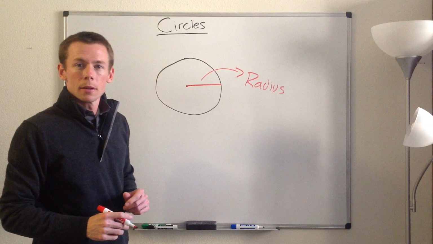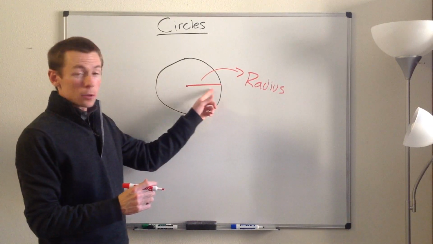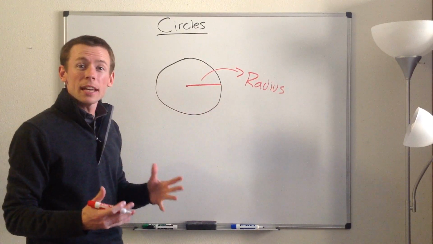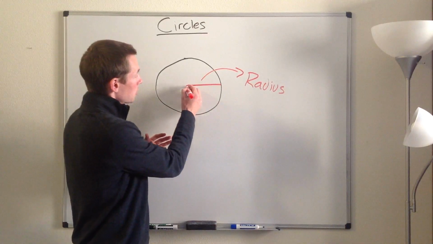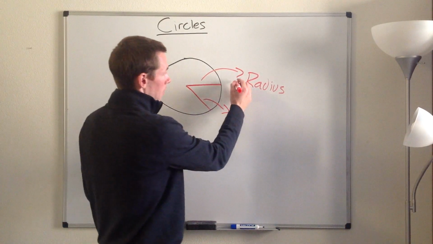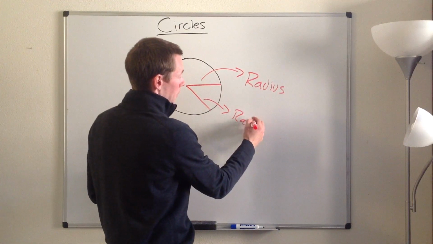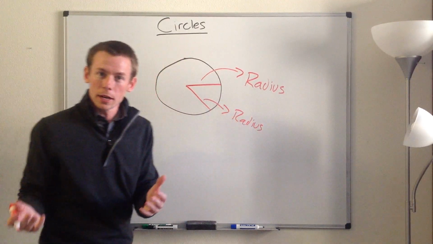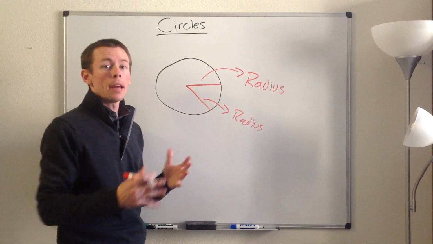Okay. So this is the radius, but a circle has an infinite number of them because this is also a radius. And I could draw many more.